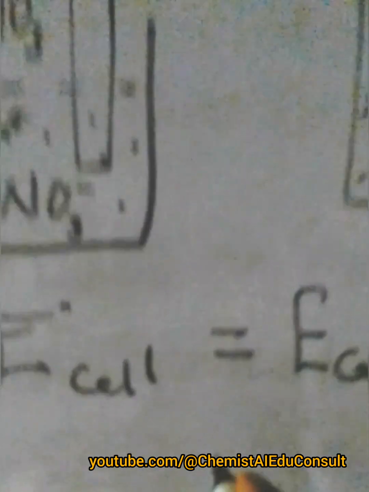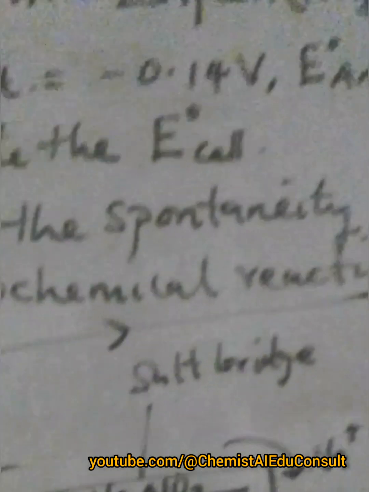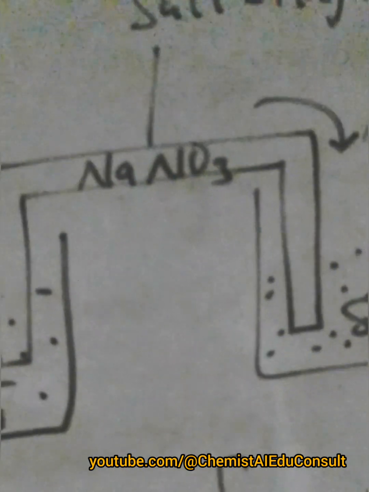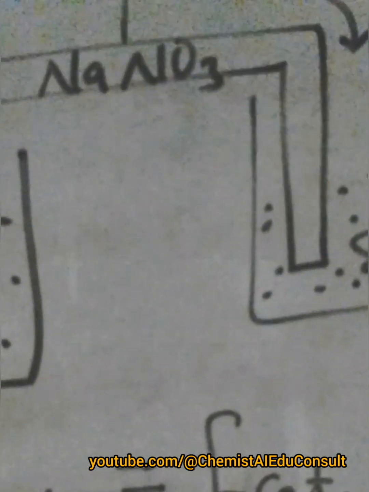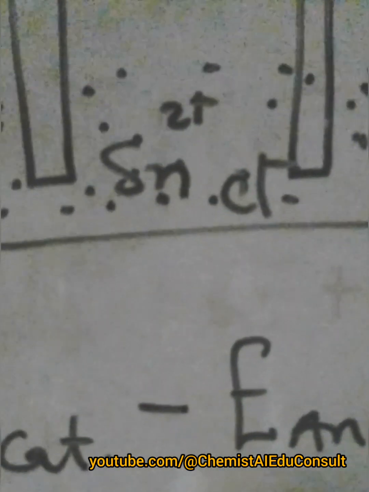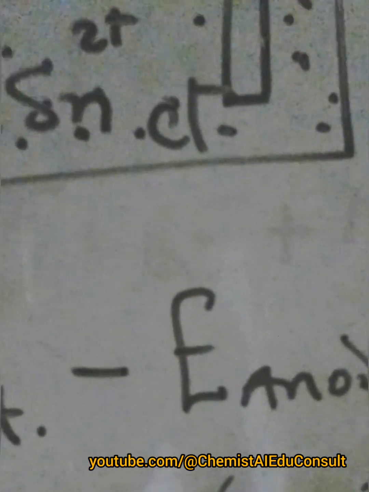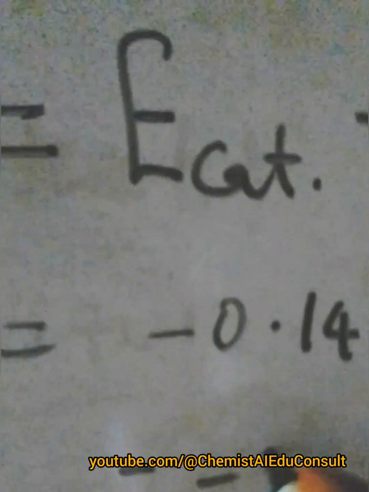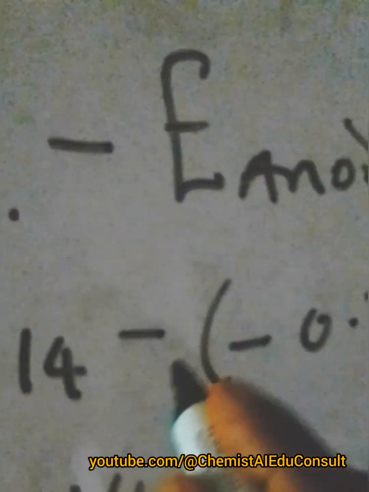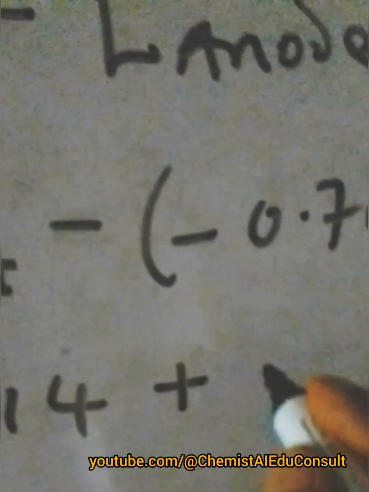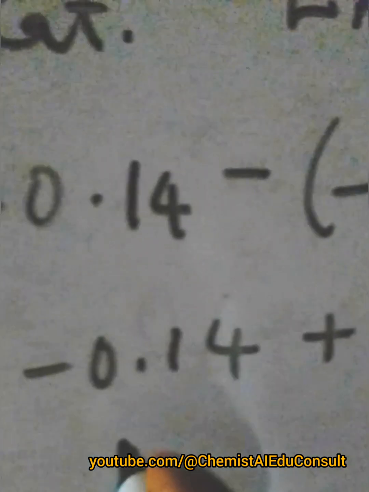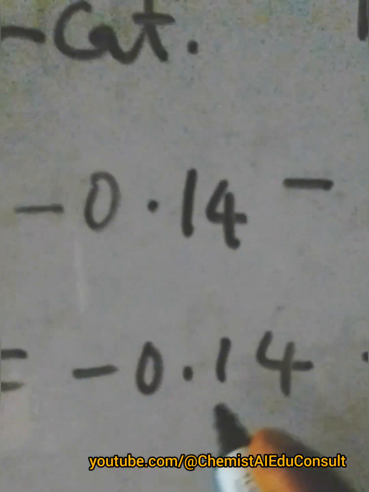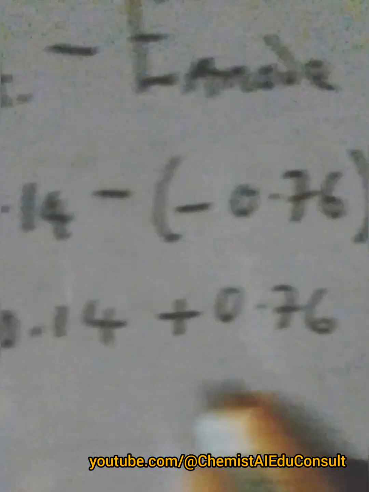That is the formula for the electromotive force of the voltaic cell. So the electrode potential of the cathode is minus 0.14 volts. That of the anode is minus 0.76 volts. So minus 0.14 minus minus 0.76 means plus 0.76. So we add minus 0.14 plus 0.76.